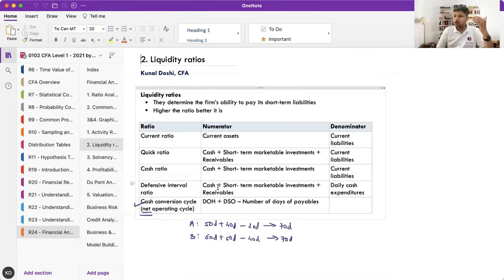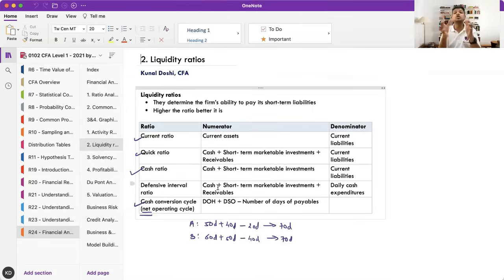Yes. The other ratios which we have already covered, current, quick, and cash ratio, which we have already covered in the topic of balance sheet. In all three of them, you are comparing the current liability, and in the numerator you have current asset. Then from the current asset, if you only take cash, marketable instruments, and receivables, you are making it narrow.